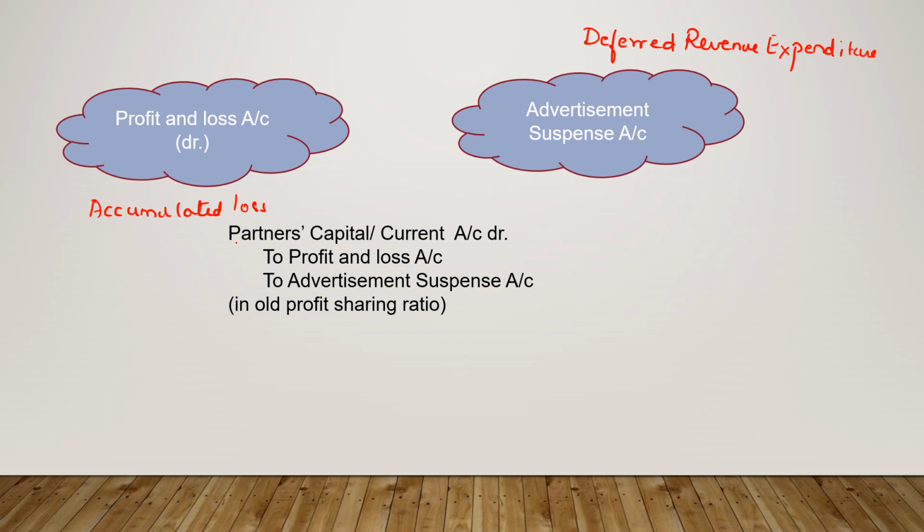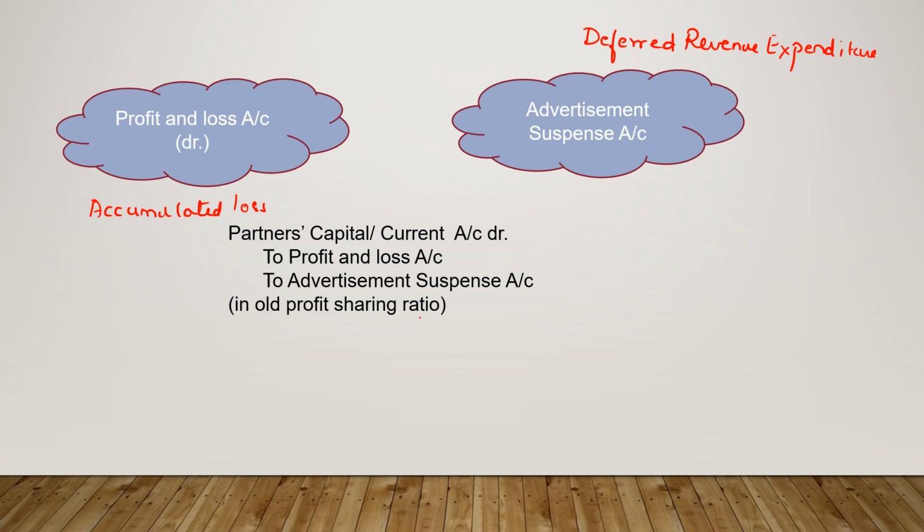So you would debit the partner's capital or current account on the basis of whatever capital account system they're maintaining. Fluctuating means capital, fixed means current account, and you debit them with the profit and loss account and advertisement expense account in their old profit sharing ratio.